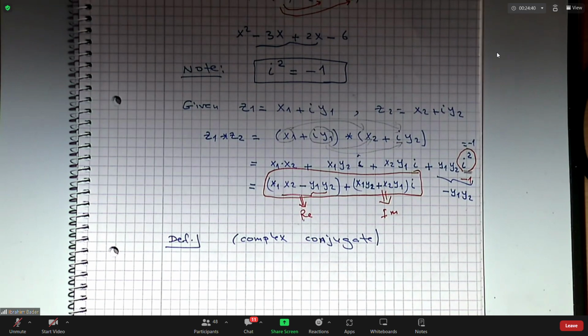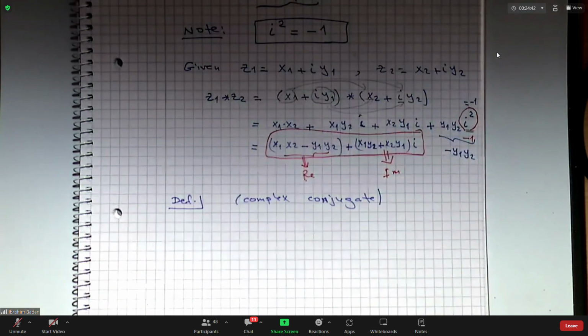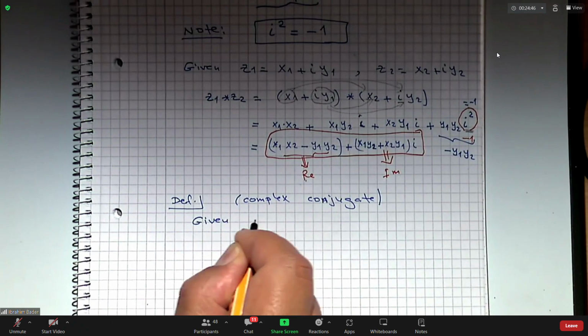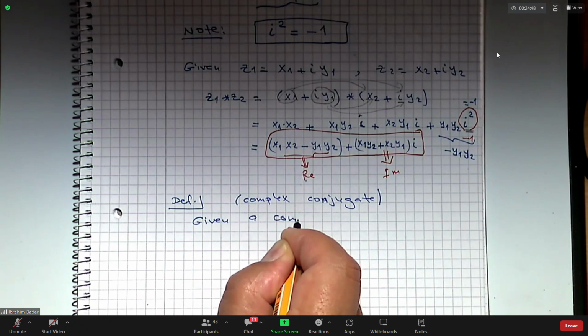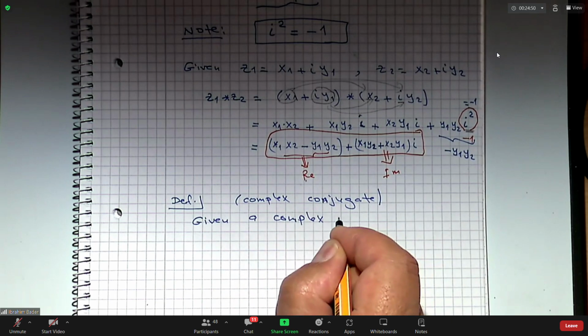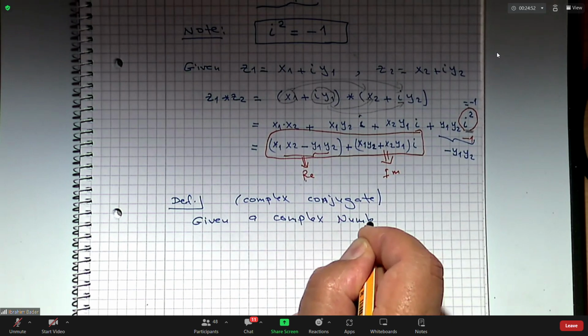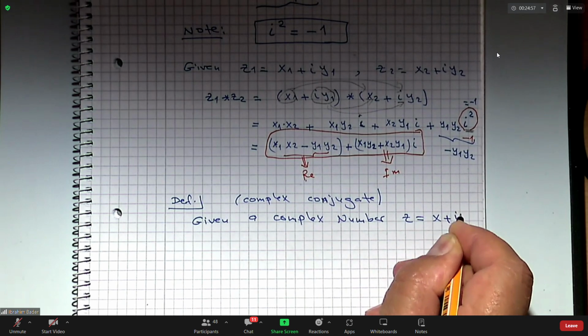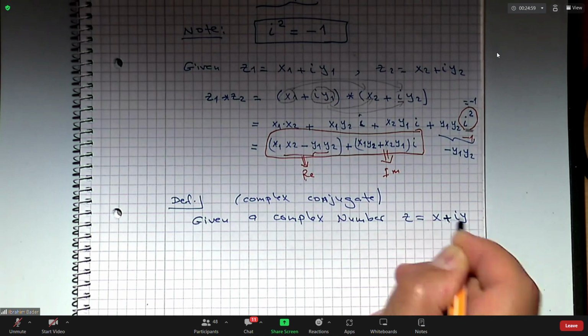Now, given a complex number, let's just call it in general Z equals X plus I Y, and highlight this plus here.